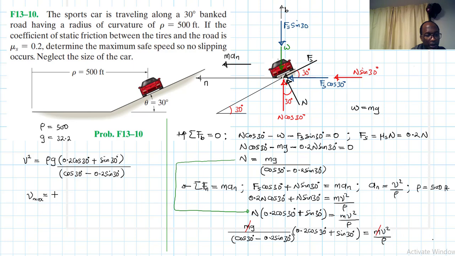So our v max is just 118.95 feet per second. Let me just write the units. This is feet per second. So this is the maximum speed that our sports car can drive, so that there is no slipping that occurs.